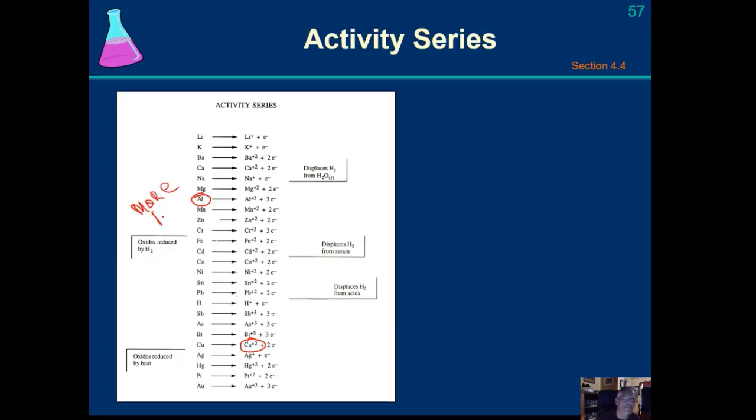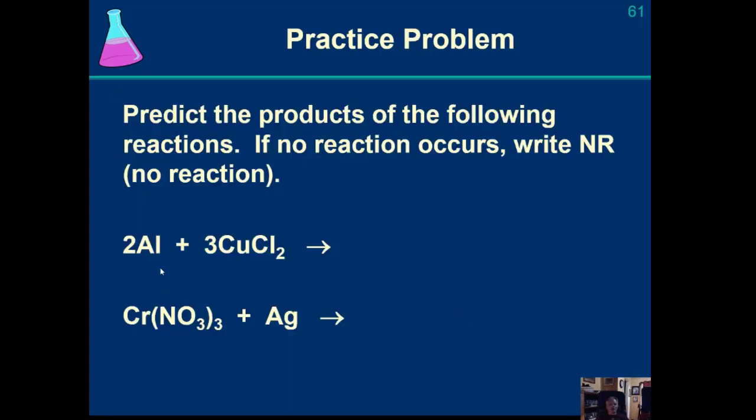It's more active, and more active simply means more likely to oxidize to a +3 oxidation state. So that reaction will occur. So here we go. We do our replacement and we balance our reaction.